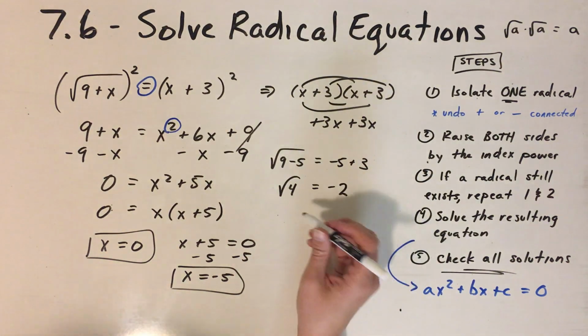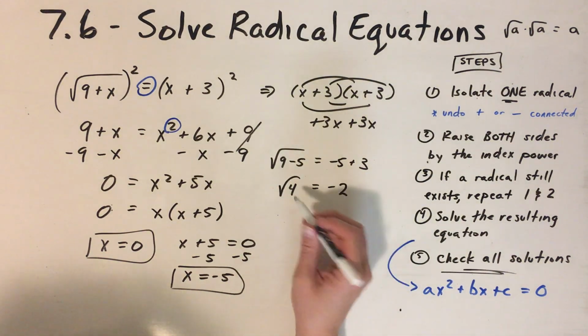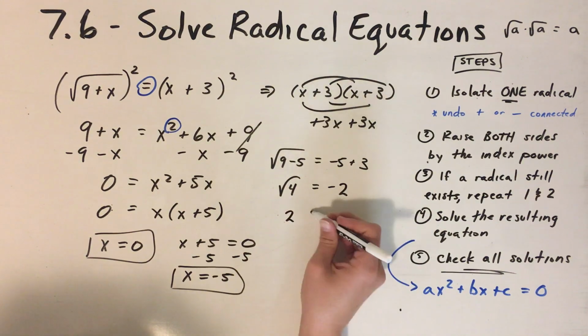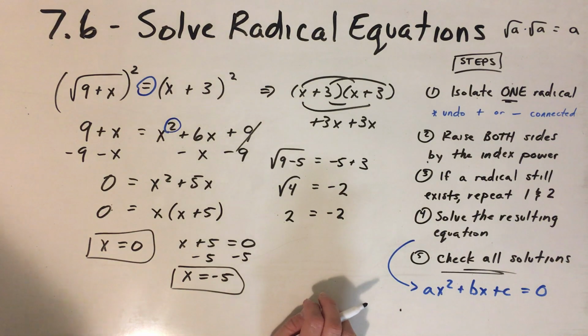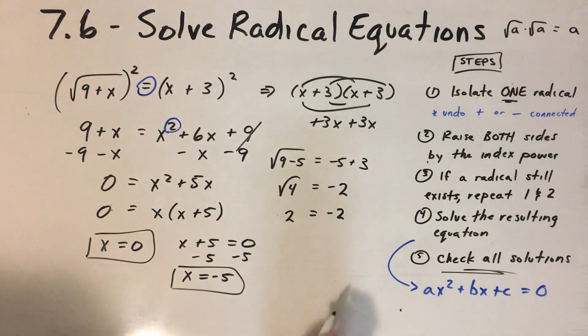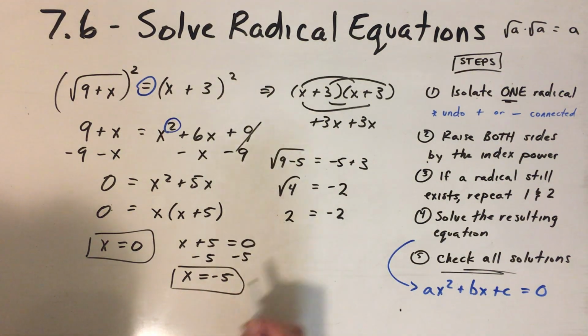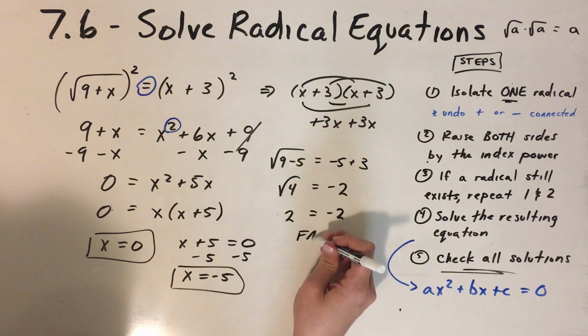When I take the square root of 4, I get 2, and 2 does not equal -2. So what happened here? Well, this solution here does not work. We can see that this is a false statement.